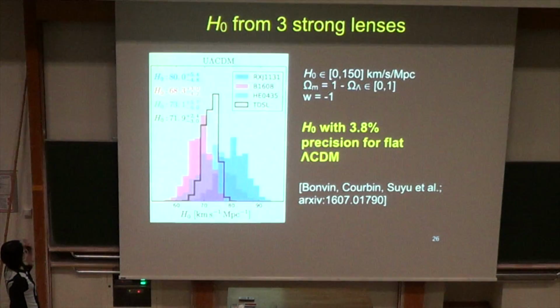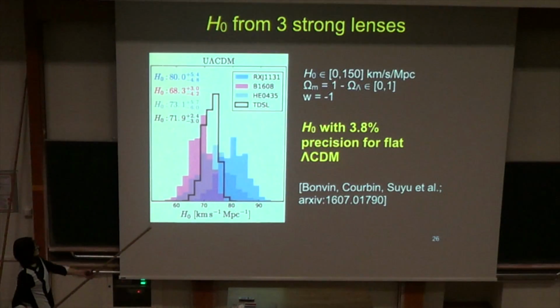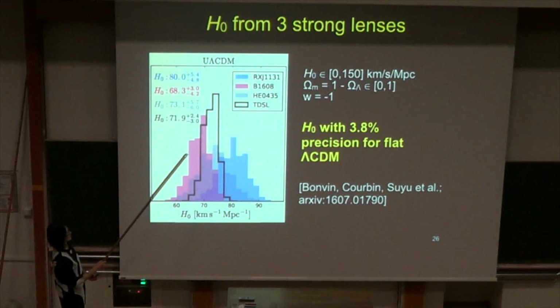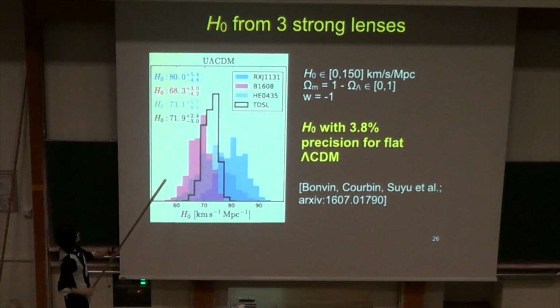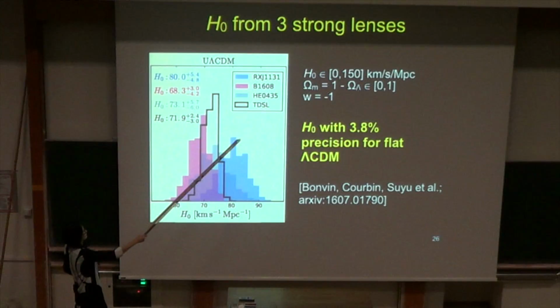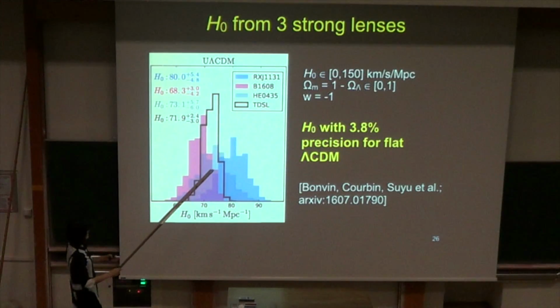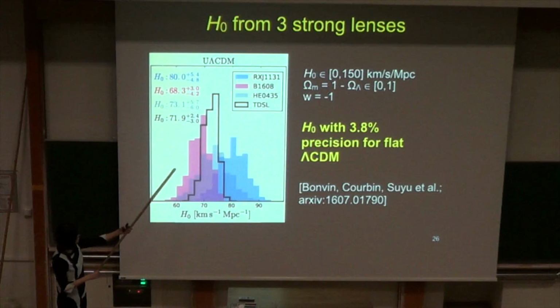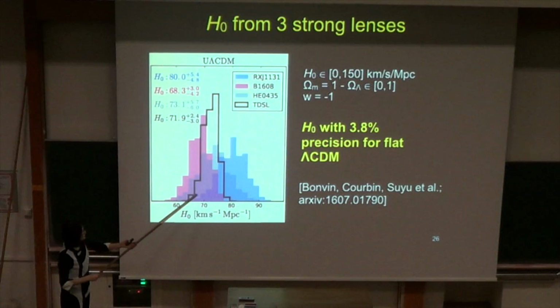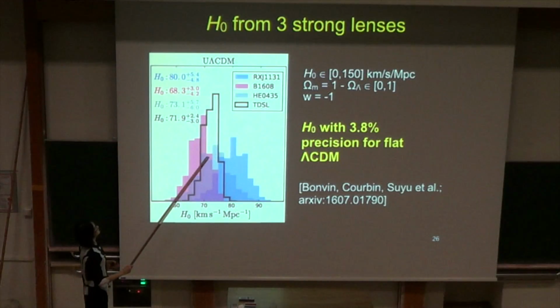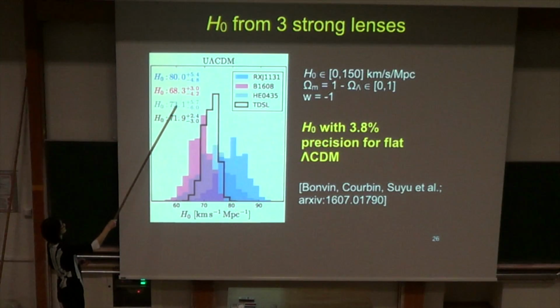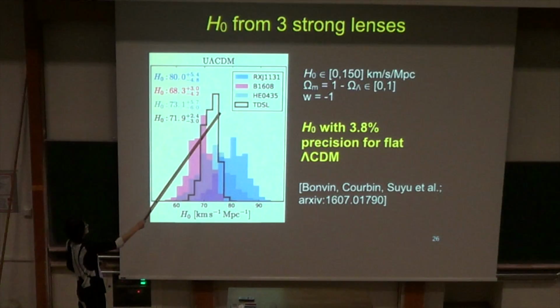So with that time delay distance measurement, and also from the previous 2 lenses, we can actually measure the Hubble constant, converting this distance into H0. So here we assume that we're in flat lambda CDM and the different colored histograms are the distribution for H0 for the 3 different lenses that we have analyzed, and these are the corresponding median and 1 sigma uncertainty of the 3 lenses.